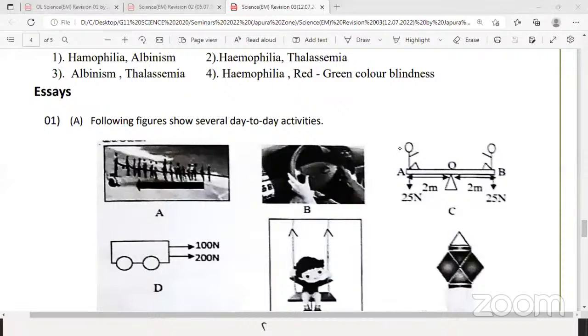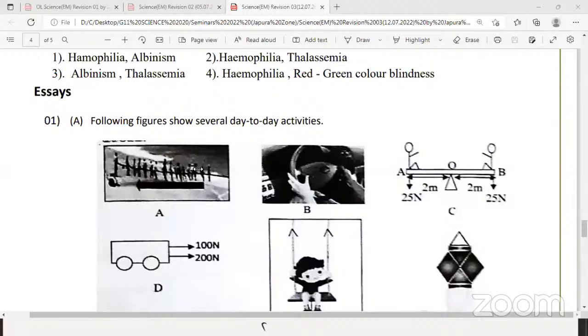Damya? 100 Newton meters. Any other volunteers? Sandali, others who didn't tell me. Vihanga? 50 Newton meters.